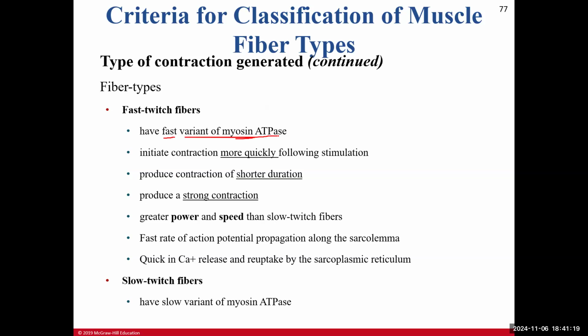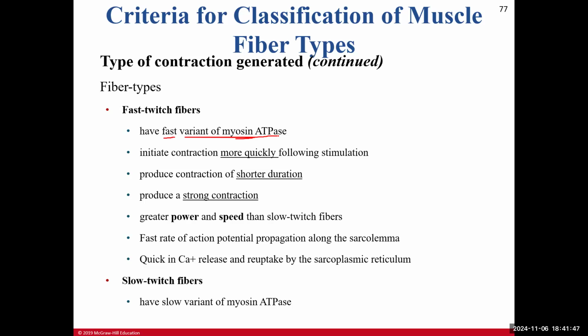So again, like the name says, fast twitch, we can get a quick muscle contraction, which means this type of muscle fiber is going to be able to propagate and create an action potential very fast. The problem is that they don't last very long. So this type of muscle fiber is going to make an explosive type of muscle contraction.